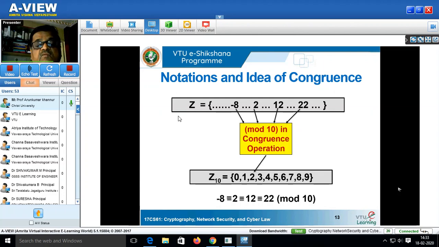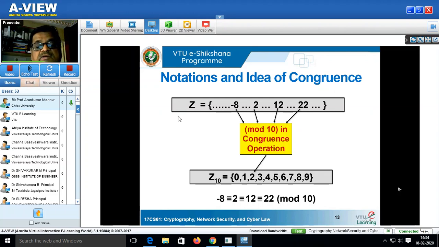Means when the congruence operation is carried out over many values, considering the specific n value, which is 10, then in the residue set that we have created, the values will be from 0 to less than 10. Because of that, we have 0, 1, 2, 3 up to 9 in Z10.